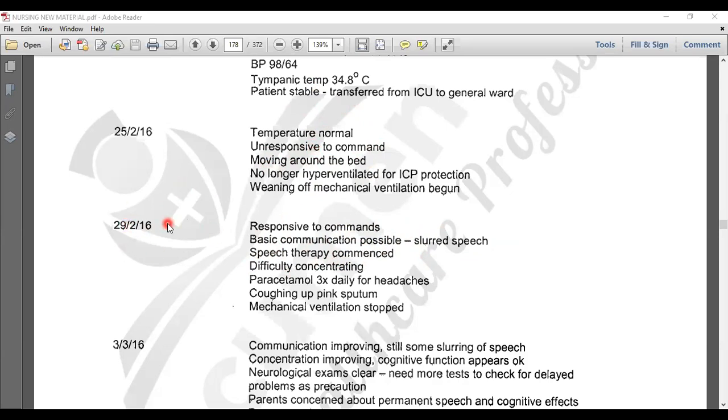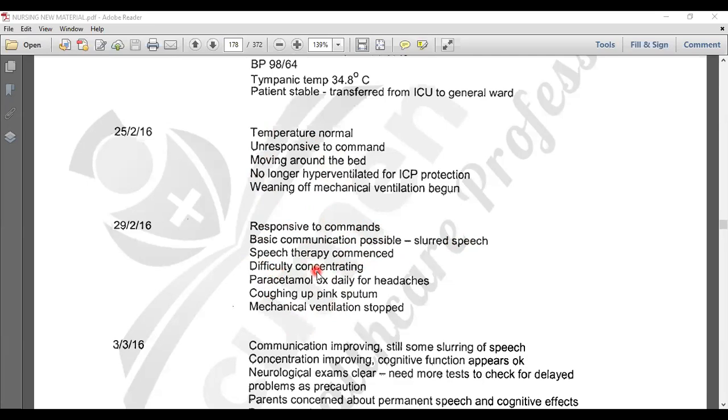And as you move forward, some new problems come up. So by this date, all the previous problems had resolved. Now, here, though all the previous problems resolved, including her response to commands, she developed a few new problems, right? She developed slurred speech. So speech therapy was required.